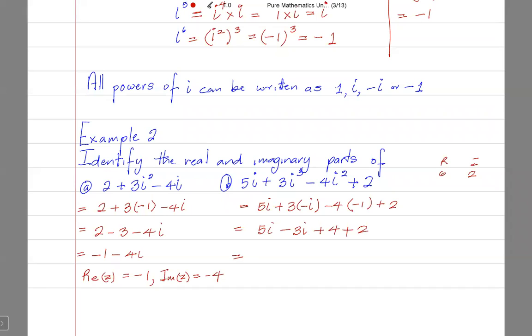So in the final analysis, this complex number is actually 6 plus 2i. All right, guys, so I agree with you. The real part of the complex number is 6, and the imaginary part is 2. All right, so let's go to the other side and do the other parts of this question.